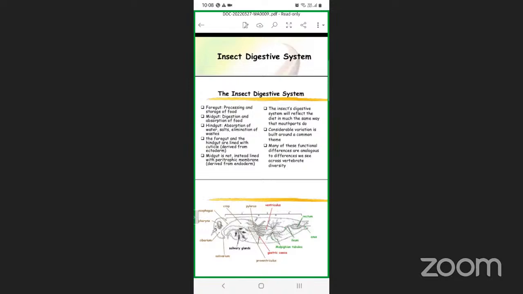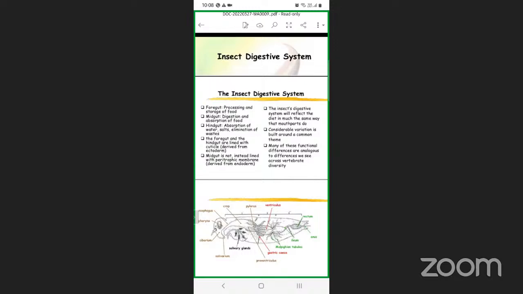But other insects, depending on the environment, have different types of mouth parts. Butterflies have the siphoning type. House flies are able to liquidize the food and suck it, so they have sucking and eating mouth parts.